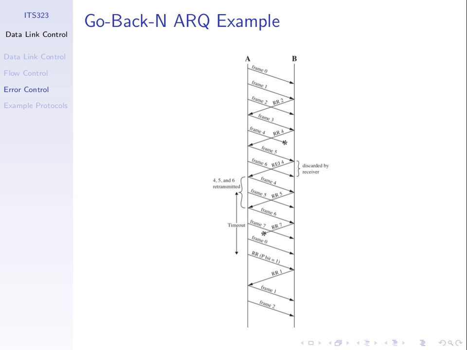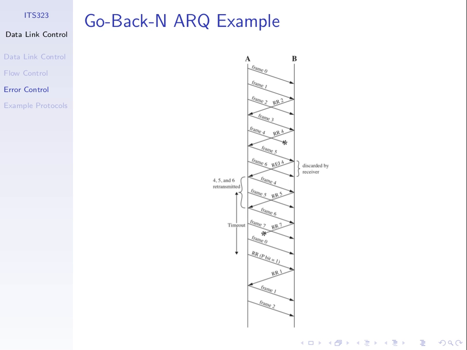Similar, we have a timeout mechanism. If we don't receive the ARQ within some time period, retransmit. But it's more complex here. What we do is that, okay, we're expecting an ARQ, or in this case a receive ready.